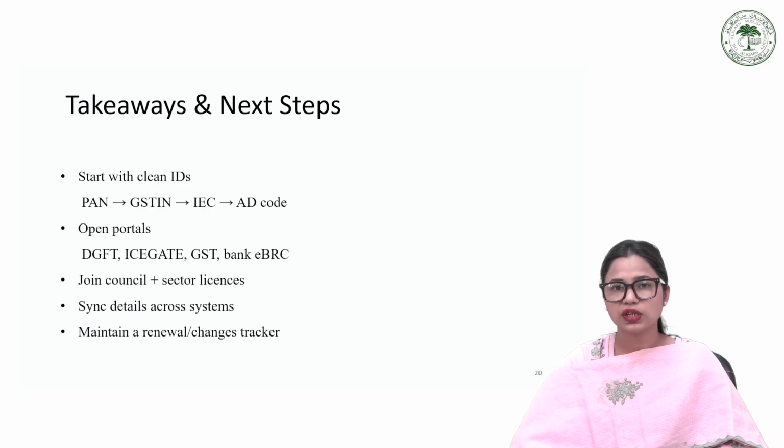So dear students, what do we take away from this lecture today? And what would be the next steps? Every exporter and importer must start with clean IDs, open accounts at the DGFT portal or the IceGate portal, join council plus sector licenses, synchronize details across systems like DGFT, IceGate, GST, Bank eBRC, and maintain a renewal or changes tracker.